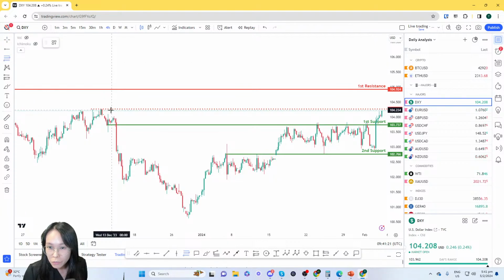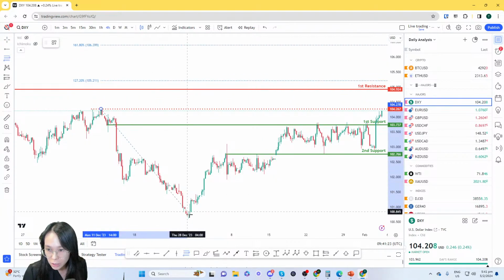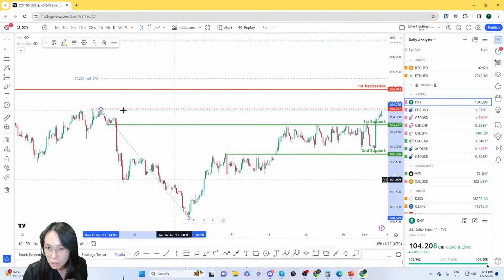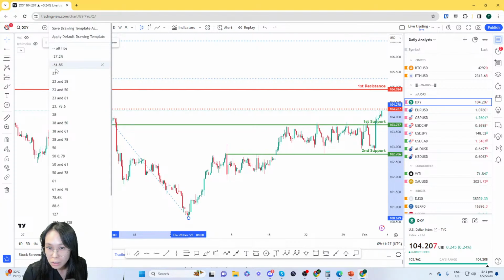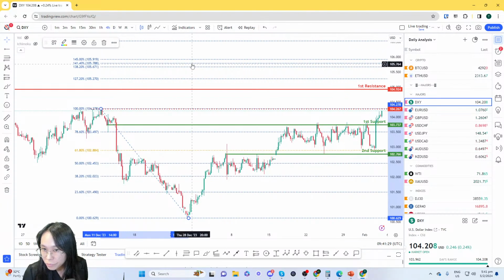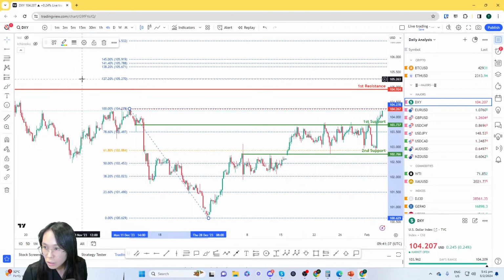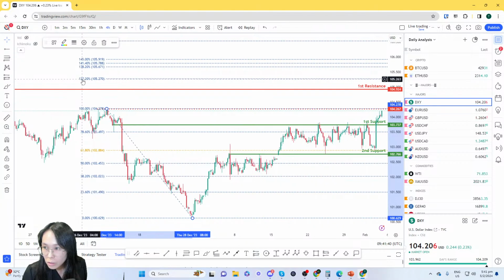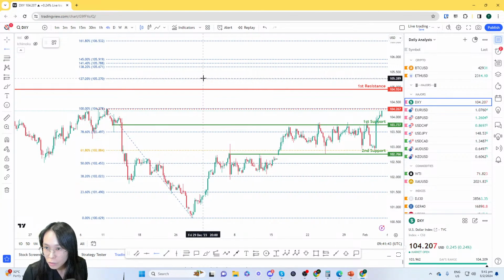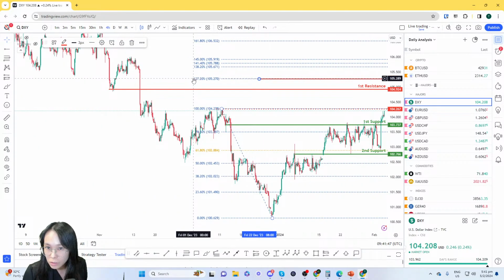Now we'll be looking for some Fibonacci retracement. It's all broken through. The 127 is a bit too far, but I could use this 127. Here, let's see if it connects.